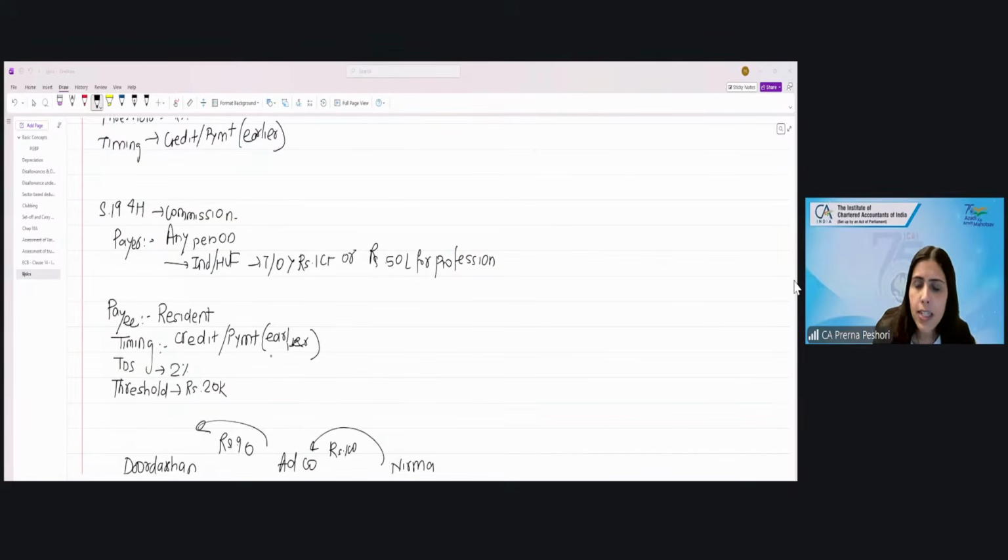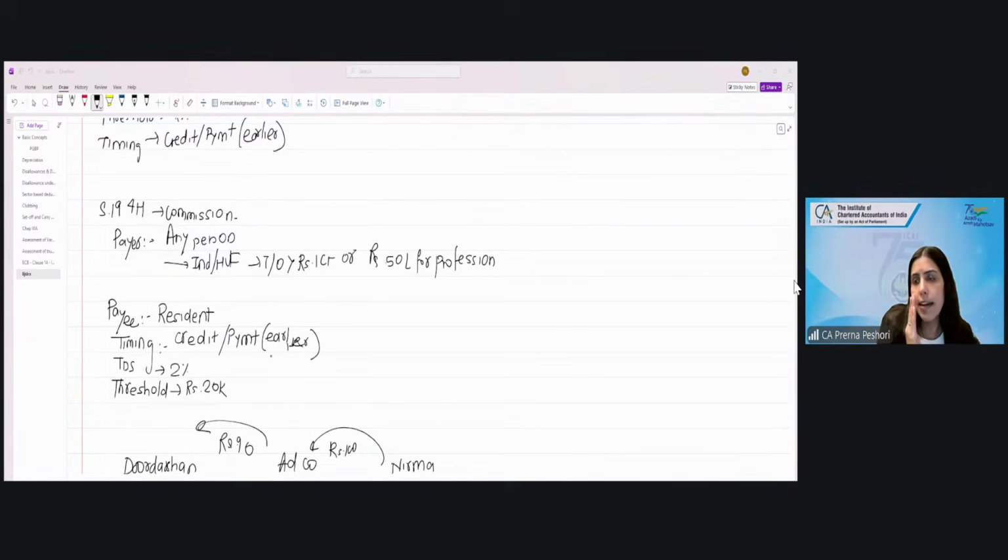These advertising companies then reach out either to newspapers or TV channels to put out the advertisement. Let's say, for example, Nirma wants to list its ad. It will pay an advertising agency, and they will book a slot either with the TV channel or buy a particular page with a newspaper. Now, here is the question of the applicability of TDS on these payments.